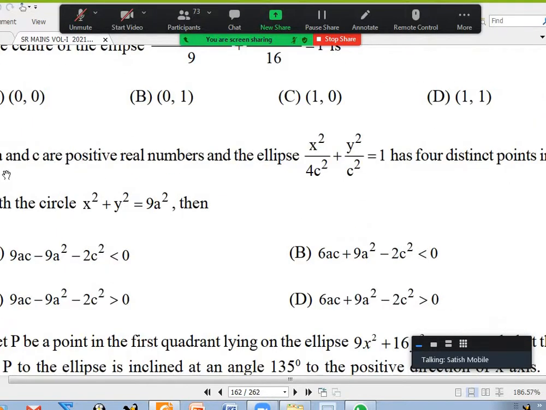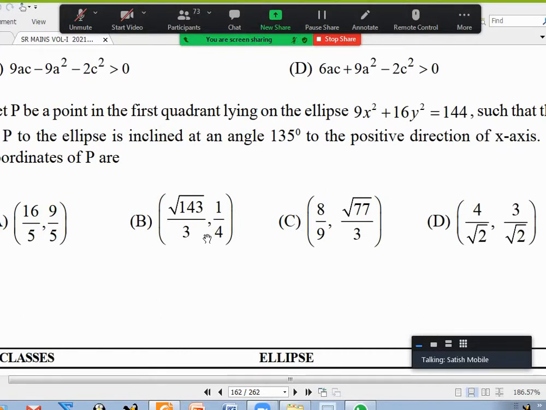This question 90 can be there right in the beginning. Somebody can even eliminate y square or x square, will get a quadratic equation. From that also you can tell, but the root should be positive, something like that.